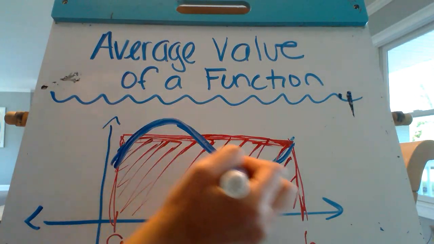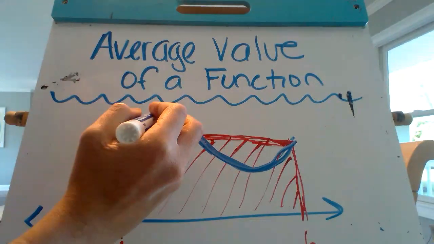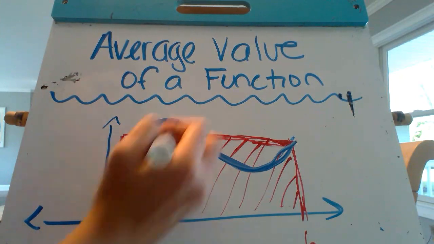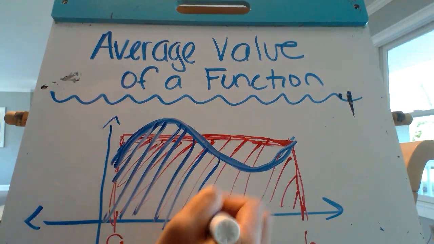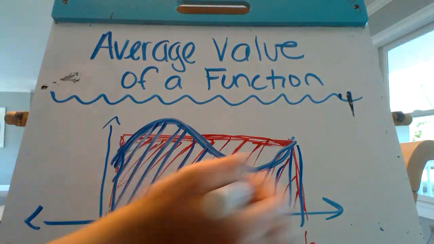So let's just see that. The red rectangle, the area of that is equal to the area under the curve from A to B.